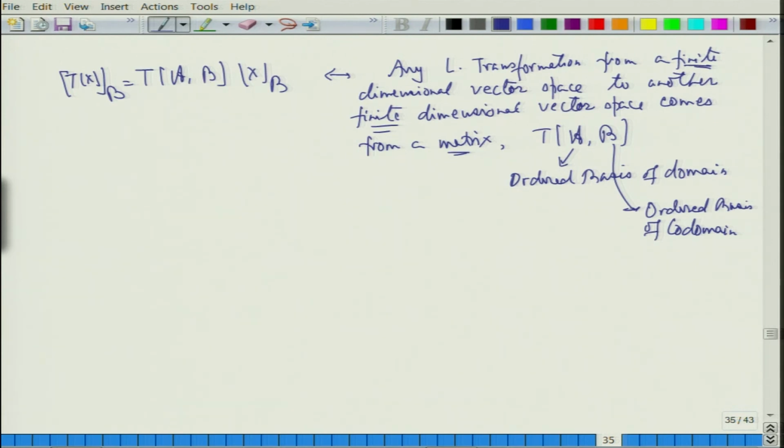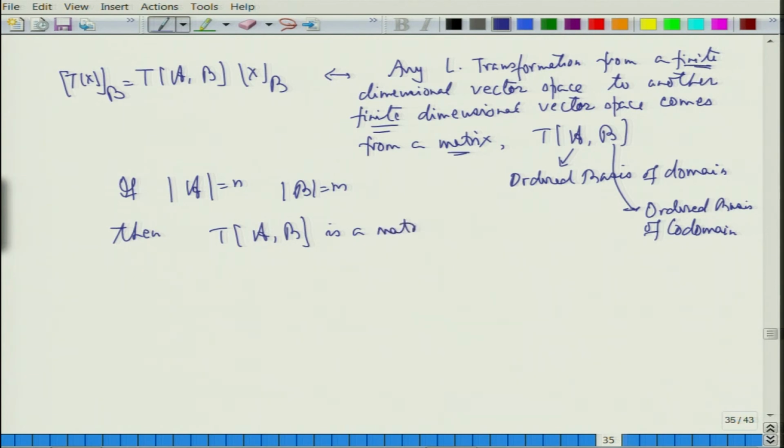And so if the number of elements in A is n and the number of elements in B is m, then T of AB is a matrix of size m cross n. How do you get the sizes? Again, understand, there was a mistake here.